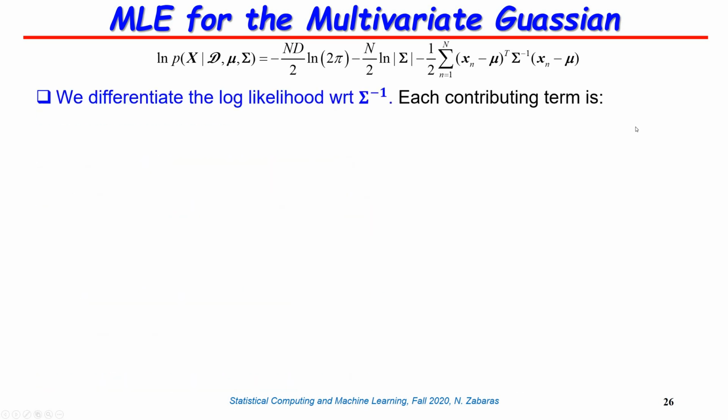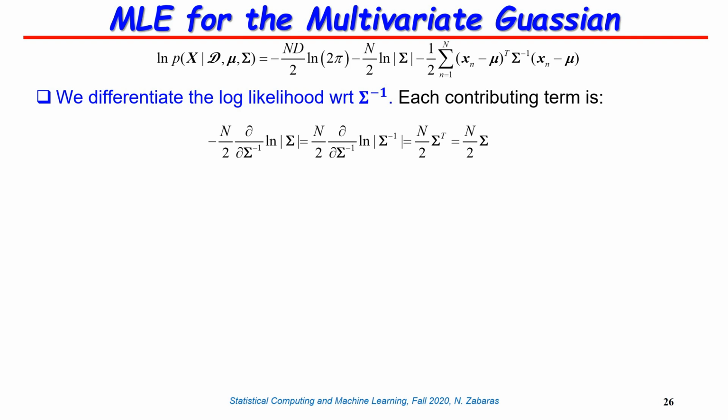So let's do that. I'm going to do this rapidly, but when you go home, look at this derivation and convince yourselves that it makes sense, because you will need in many settings in machine learning to be able to do calculations like that. Let's take this term here. We're going to take derivatives with respect to the matrix sigma inverse. Remember, this is a scalar, and the derivative with respect to a matrix has to give us a matrix. So minus the log of the determinant of sigma, I'm going to write as the log of the determinant of sigma inverse.